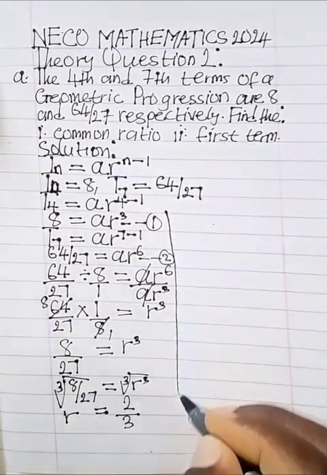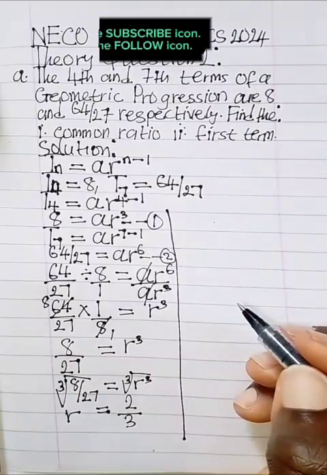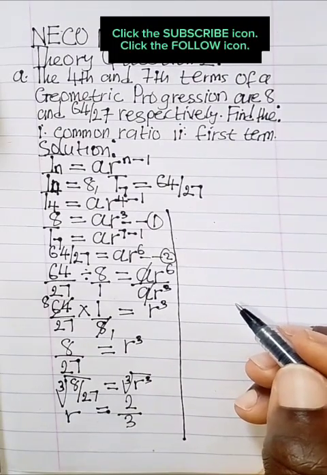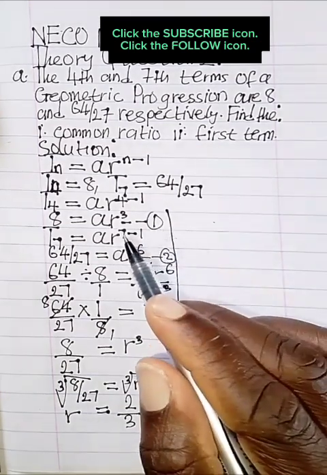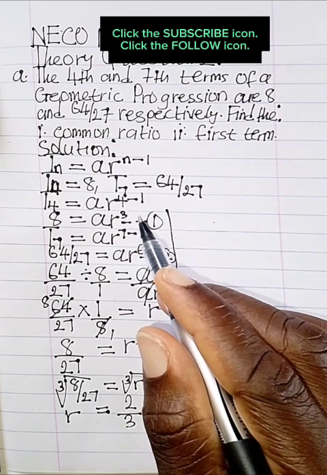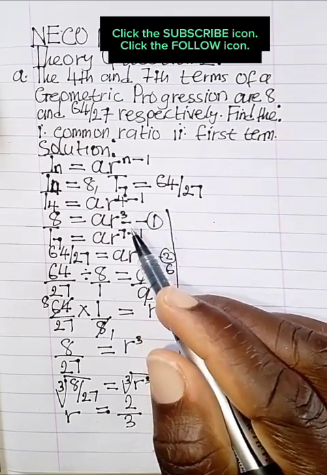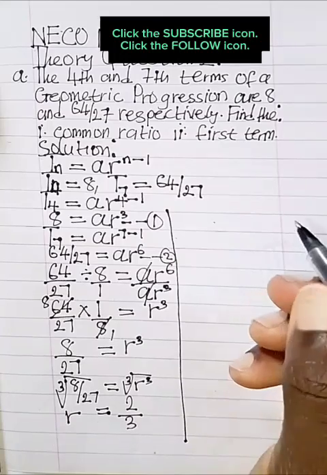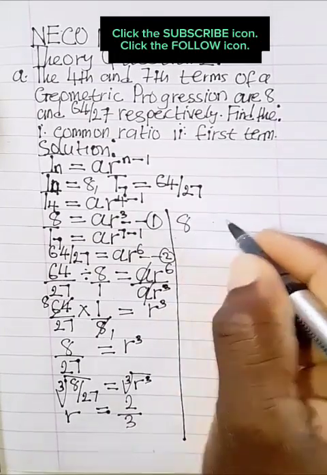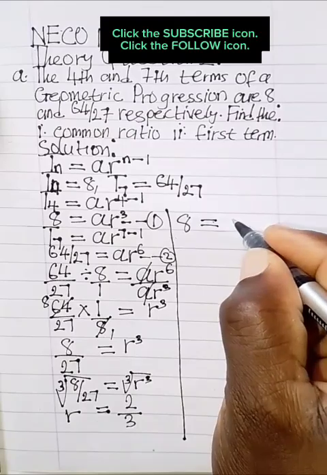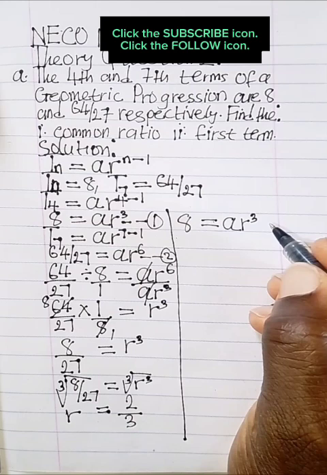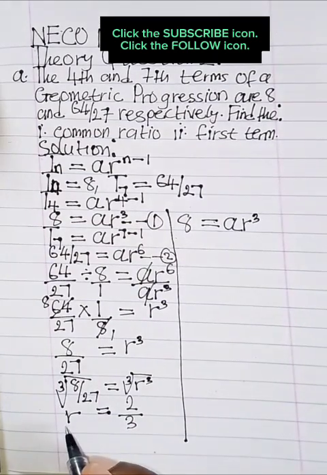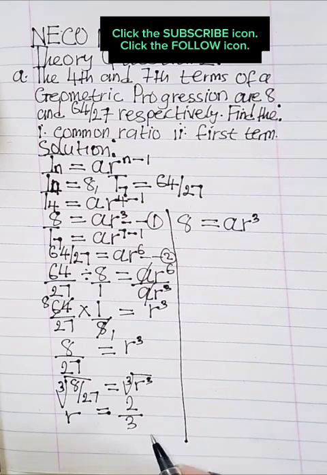In order to find a, we can use any of the equations, but I'm going to use equation 1, where the power of r is 3 and is less compared to equation 2. So equation 1, 8 is equal to a r to the power of 3. Now, I'm not going to use this value because we need to take the cube of it.